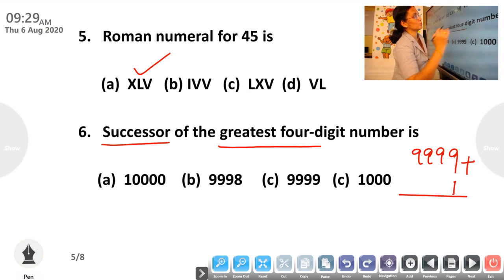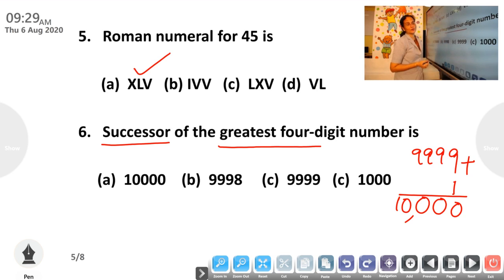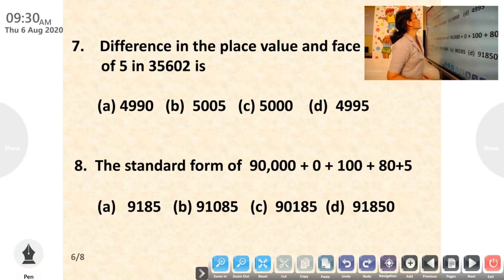So the greatest 4-digit number is 9,999 plus 1. So what are we getting? 9 plus 1, 0. So what is the answer here? It is 10,000. So which is the correct option? First one, option A, 10,000. So successor of the greatest 4-digit number is 10,000. That is choice A.